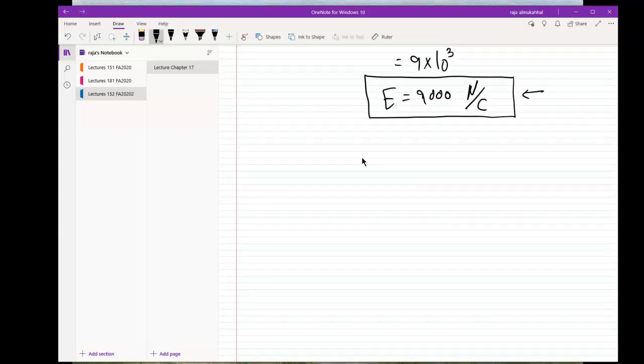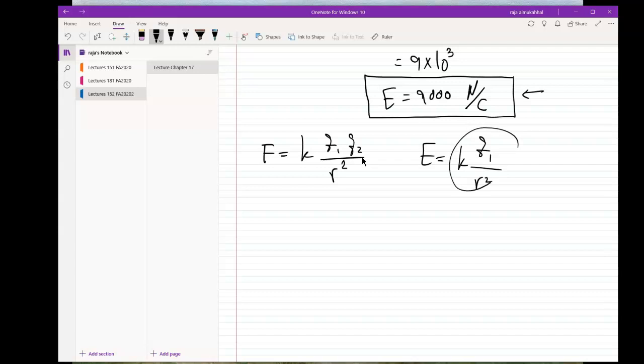Another relationship that is of importance is that, remember we said that Coulomb's law is F equals kQ1Q2 over r squared, and we said that the electric field is kQ, let's make that Q1, or 2, whatever, over r squared. Look at that, I can actually insert this in here.